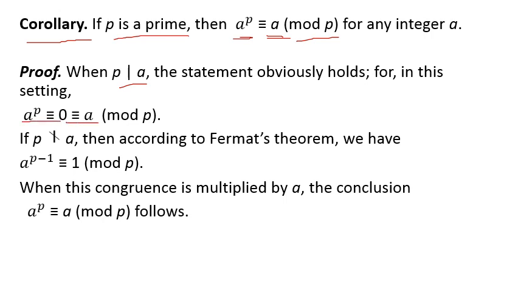If P doesn't divide A, then A and P are relatively prime. We can apply Fermat's theorem. Then we have A power P minus 1 is congruent to 1 mod P. Using the property of congruence relation, multiplying by A both sides, we can conclude the statement.